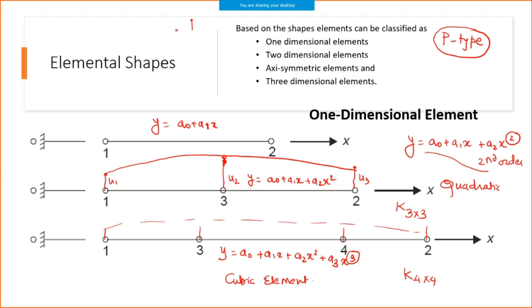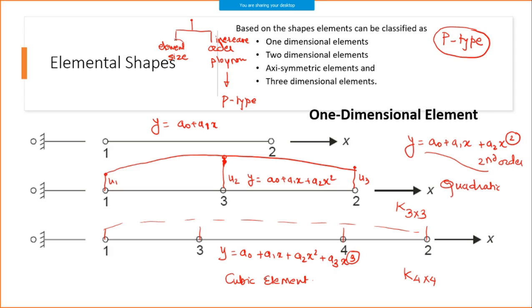One is to decrease the elemental size, and another is to increase the order of polynomial. Increasing the order of the polynomial means increasing the x power, that is x to the 1, 2, 3, 5. So this type of analysis is called p-type analysis.